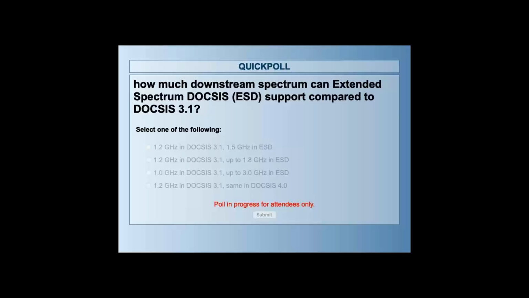So, how much downstream spectrum can extended spectrum DOCSIS support compared to DOCSIS 3.1? We have 4 possible answers. 1.2 gigahertz in 3.1, 1.2 gigahertz in 3.1 up to 1.8 gigahertz in ESD, 1.0 gigahertz in DOCSIS 3.1 up to 3 gigahertz in ESD, and 1.2 gigahertz in DOCSIS 3.1, same in DOCSIS 4.0.